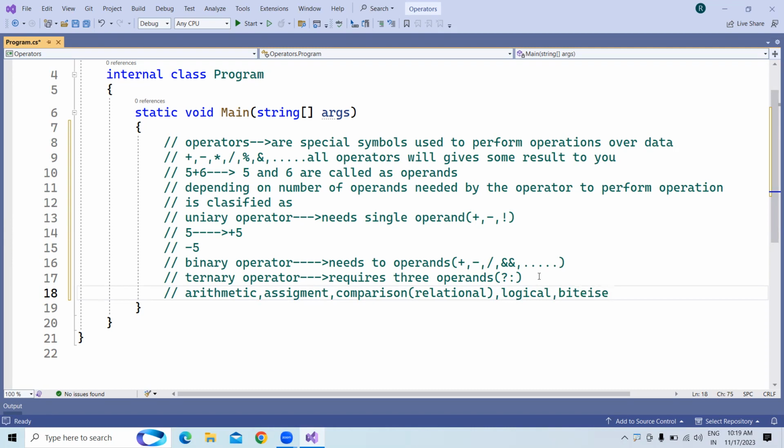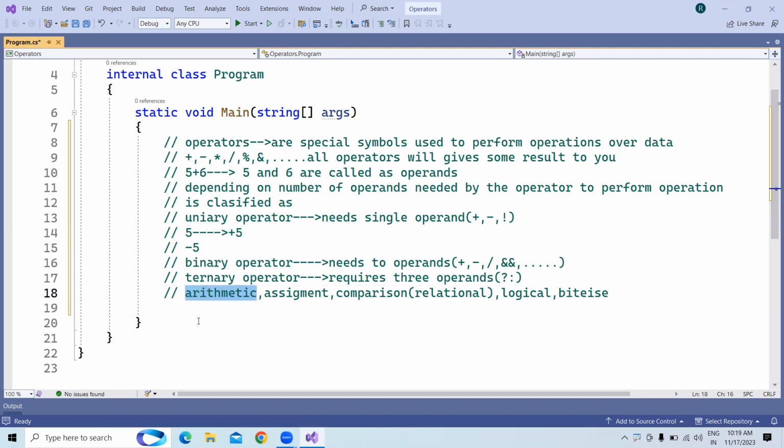So these are the different operators we have: arithmetic, assignment, comparison, logical, bitwise, as well as the ternary operator. One by one we will discuss them. In the next video we will discuss arithmetic operators.